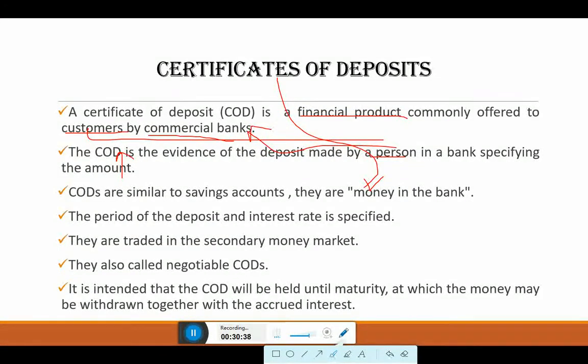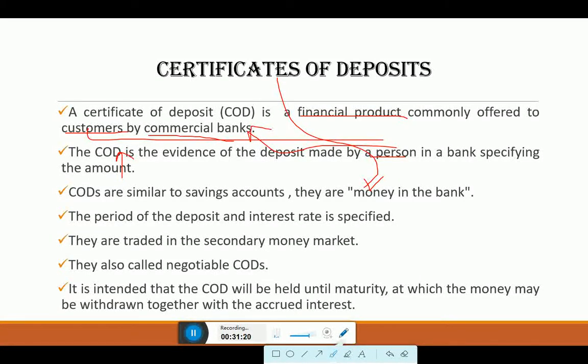This certificate of deposit will bear the amount of money deposited by Ahmad, the maturity period, meaning for how long this money will be held in the bank, and the interest rate. So these three things will be mentioned. At the end of maturity, Ahmad will receive his $1 million along with the interest amount. For example, if the rate is 10%, then 10% of 1 million becomes $10,000. So he will receive 10,000 extra at the end of maturity.